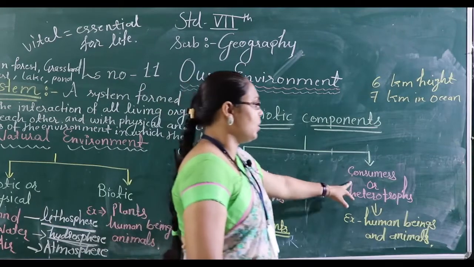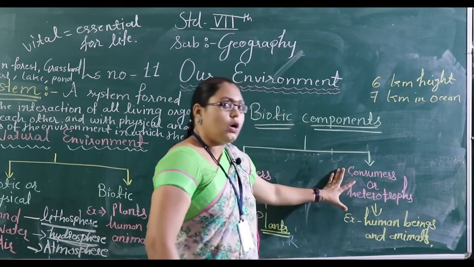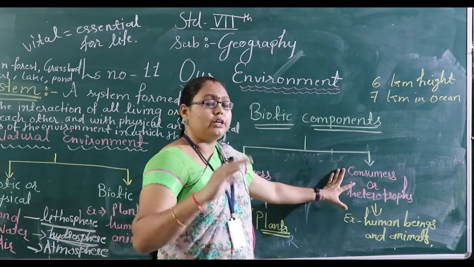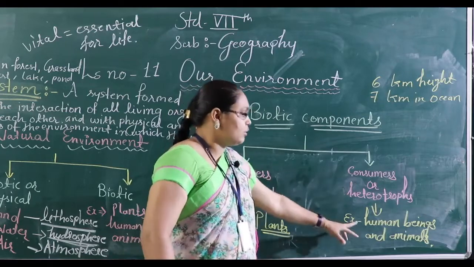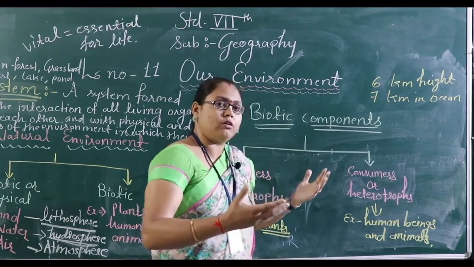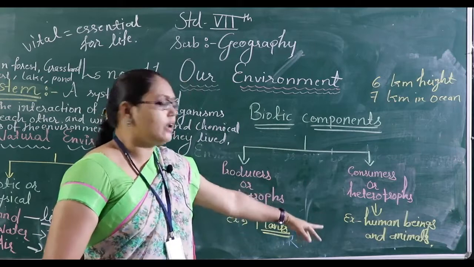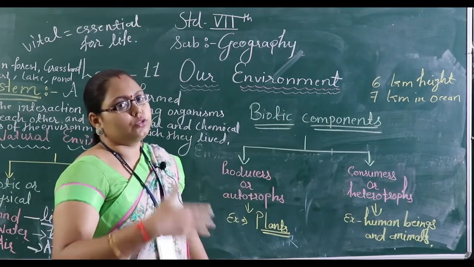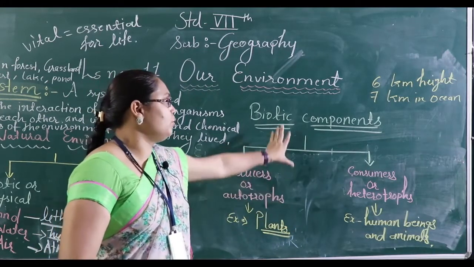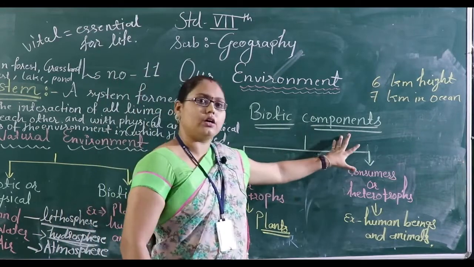Consumers or heterotrophs depend on others for food: human beings depend on others, and animals also depend on others. These are the two categories of biotic components.